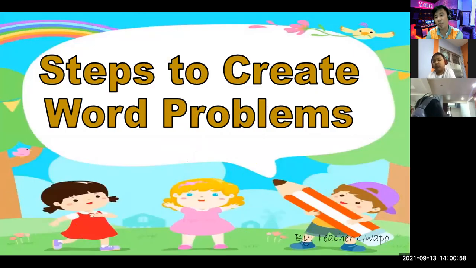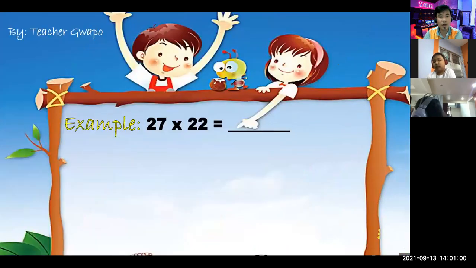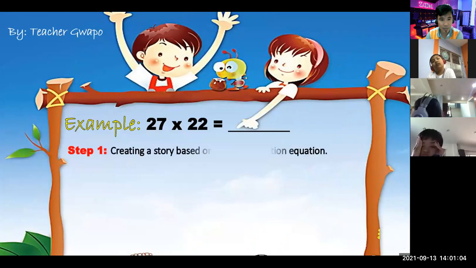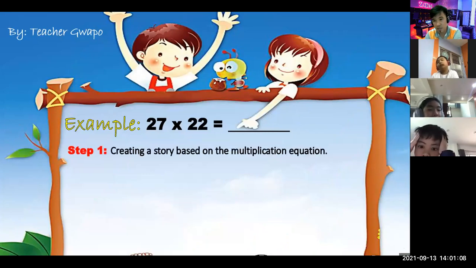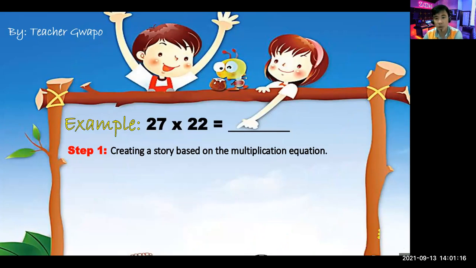Let's say, for example, 27 times 22. Step number 1, create a story based on the multiplication equation.